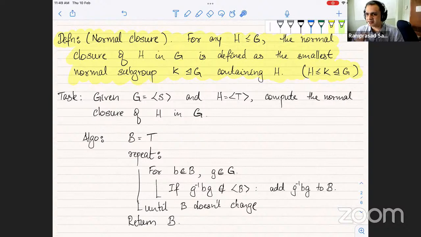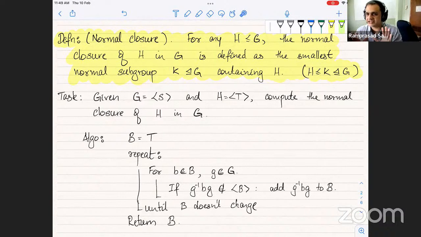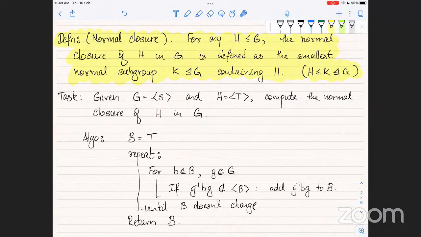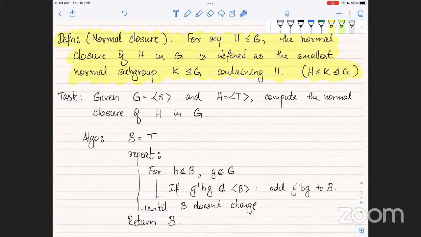By the way, we don't have access to G or H. We only have access to S and T. So we will take any element from S and do the conjugation operation using the elements of S over T, and then take the intersection. Intersection with what? Can you be more precise?